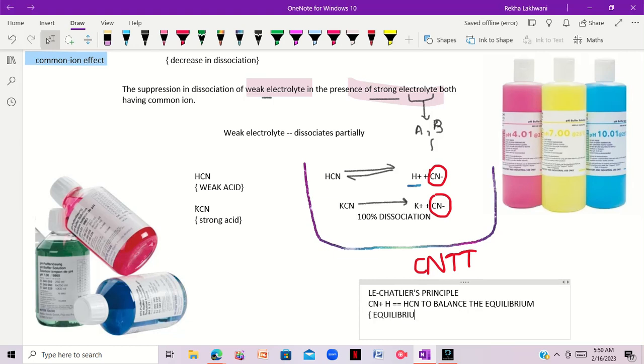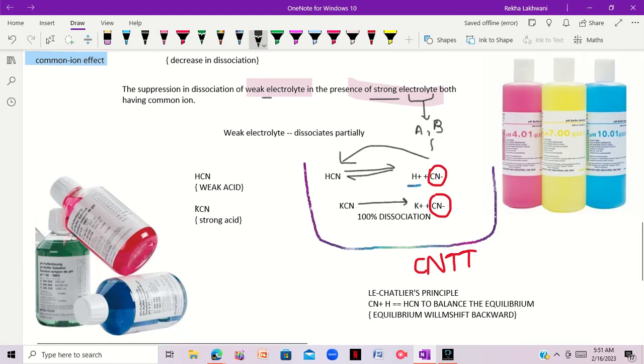This equilibrium will shift backward, as I said, right? So this shifting of equilibrium backward and suppression of the dissociation of the weak electrolyte in the presence of the same ion is known as the common ion effect, right?